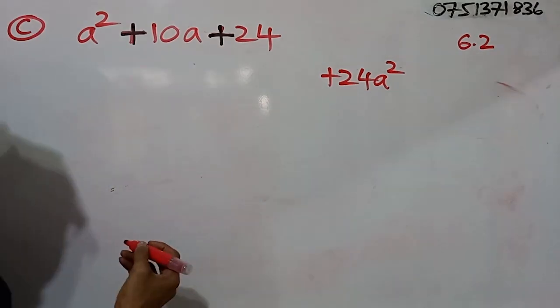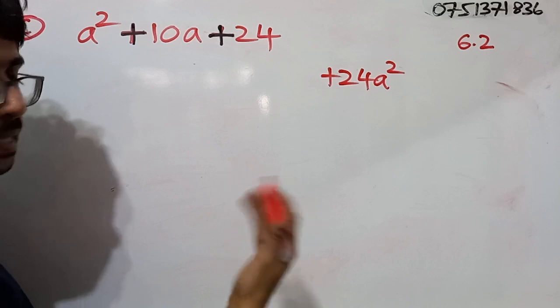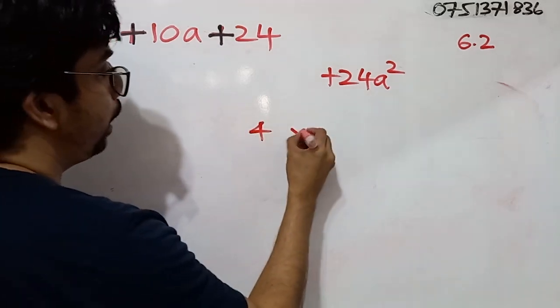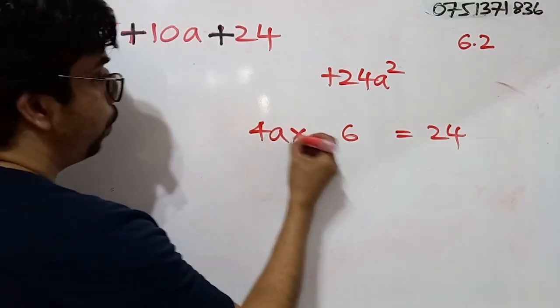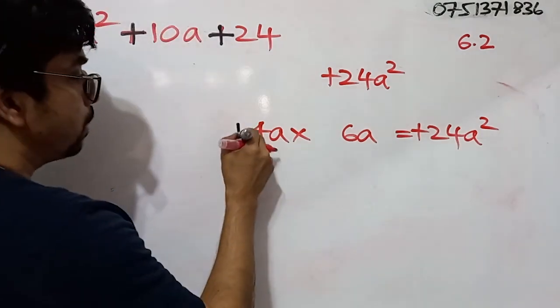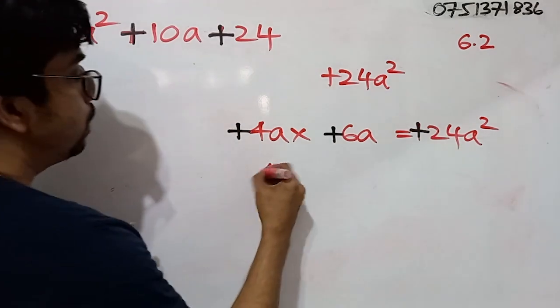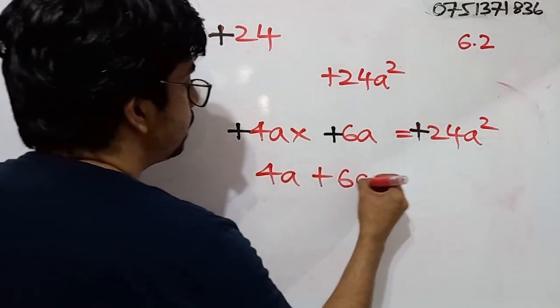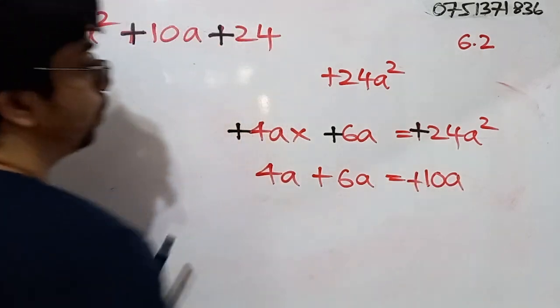Right. So what are the two factors? 4 and 6, no? That means 4a and 6a. So 4 into 6, we know that is 24. So 4a into 6a, we know that is 24a square. This must be positive, this must be positive, and the answer is also positive. When we add these two terms, that means 4a and 6a, what do we get? 10a. It is also positive.